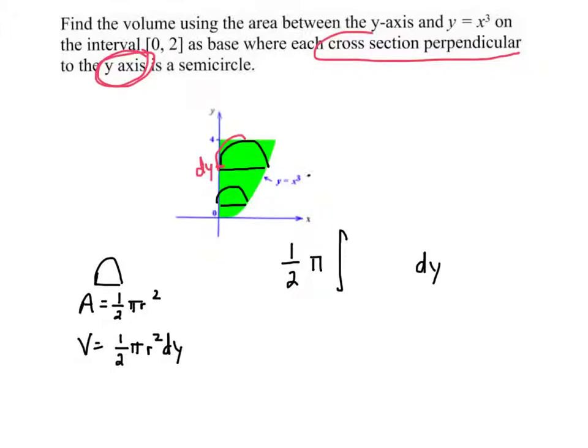So that means I need to go up here and rewrite the equation as x equals the cube root of y. And remember, it's semicircles, so this is the diameter. So my radius will be that divided by 2. And my bounds, well, it starts at 0 and goes to 4, like that.